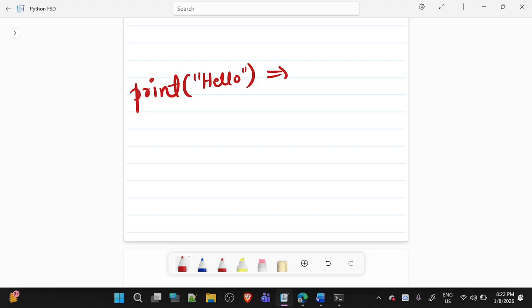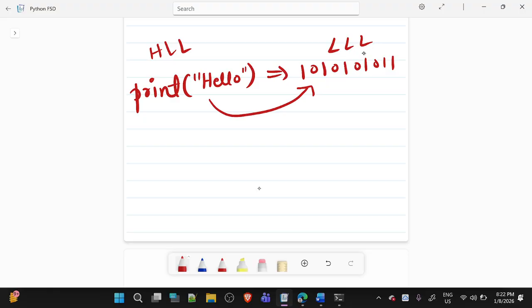But if I'm writing this same thing in machine language, it will look something like this. It is not exactly a translation of this, but you can assume this is written in a high level language and this is written in a low level language.